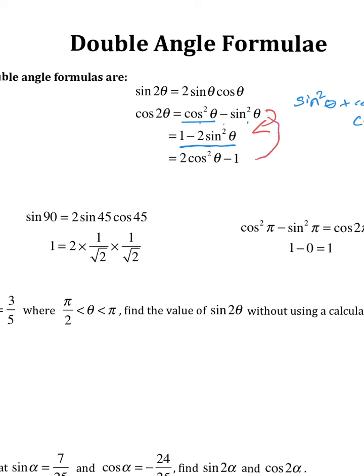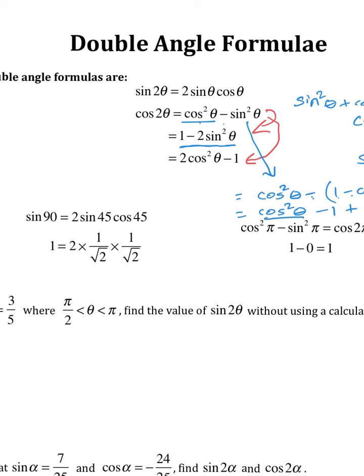Now to get from this one to this one, we're substituting the fact that sine squared theta equals 1 minus cos squared theta. So for that one, if I go from here, that will then equal cos squared theta minus (1 minus cos squared theta), which equals cos squared theta minus 1, but minus times a minus is a plus, and then cos squared theta.